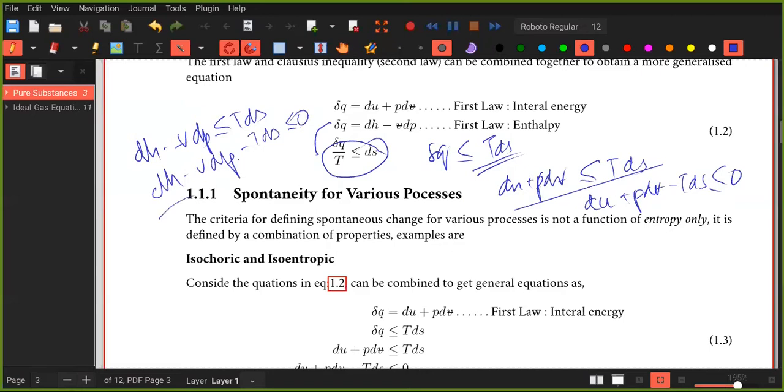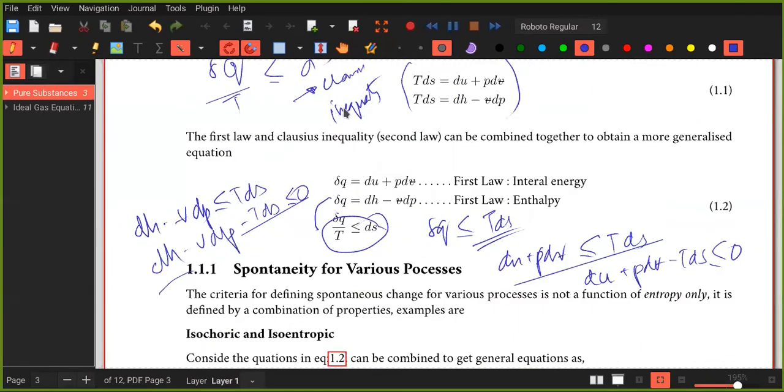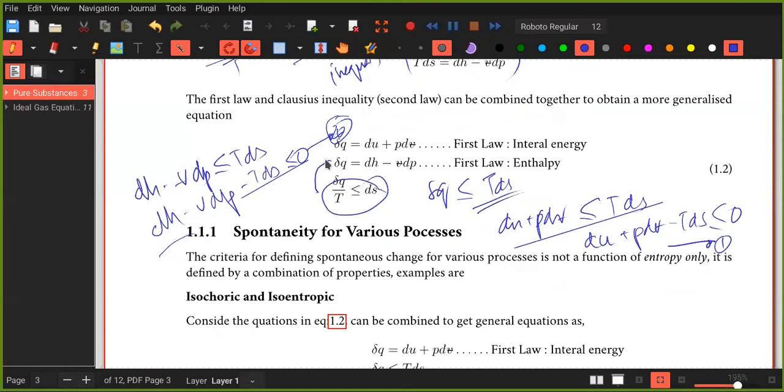So we will just look into what the criteria for spontaneous change are. We have seen two generalized equations that are obtained from combining the first law and the second law. This is the first equation, and this is the second one. So let's look at how we can predict the direction that a process may go.